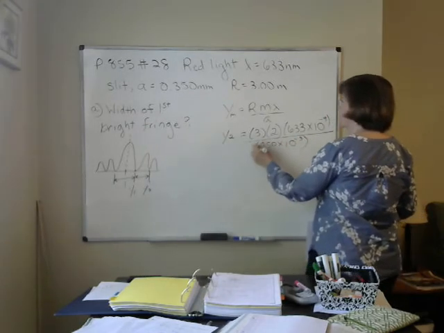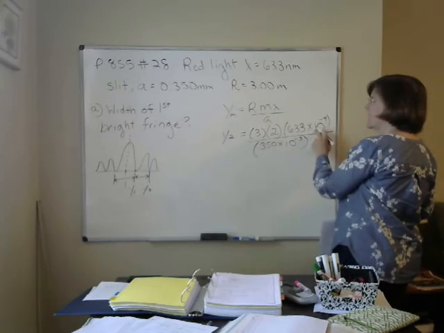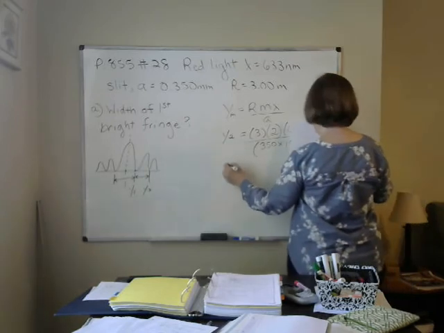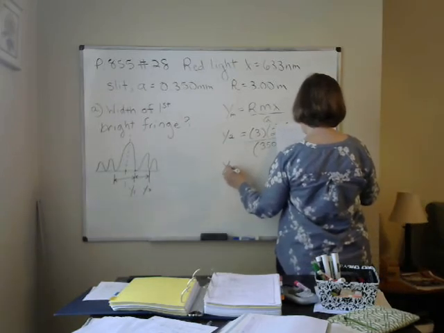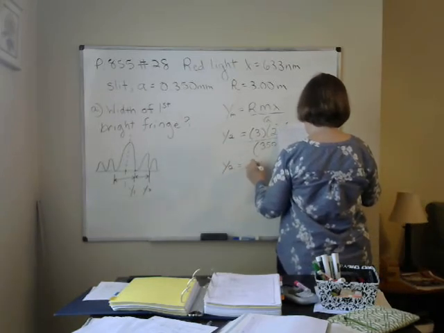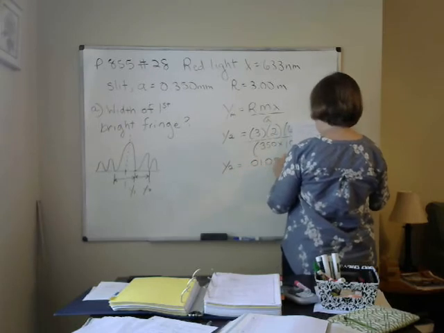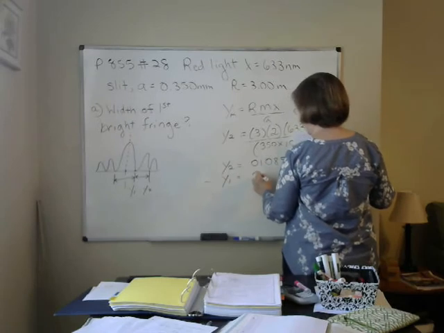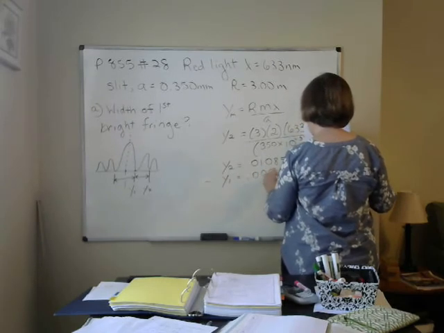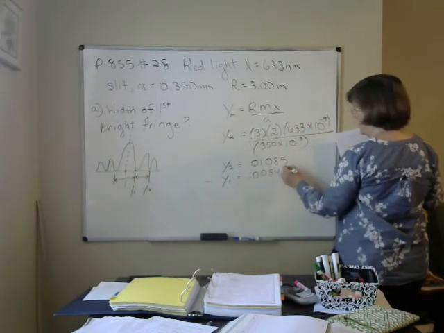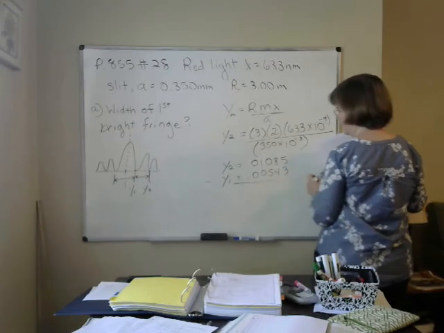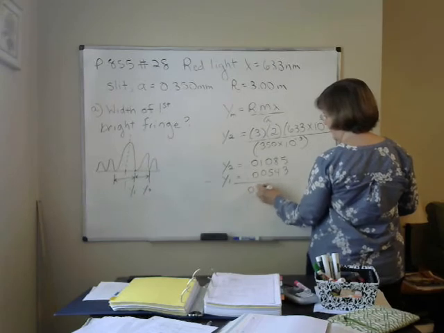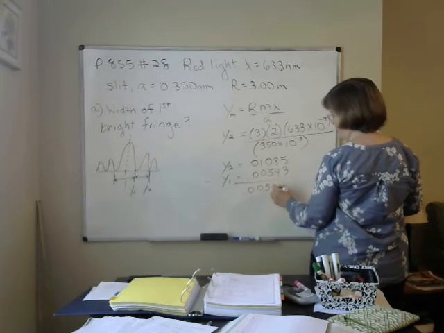Be sure that you know nanometers is 10 to the negative 9 and millimeters is 10 to the negative 3. And we find out that Y2 is located at 0.01085. But if we subtract Y1, which is 0.00543, this whole thing comes out to be 0.005.